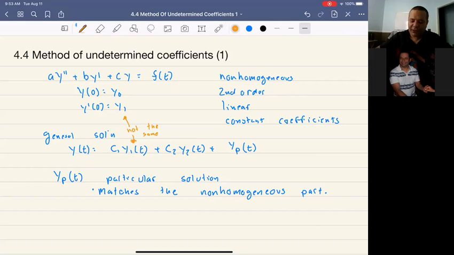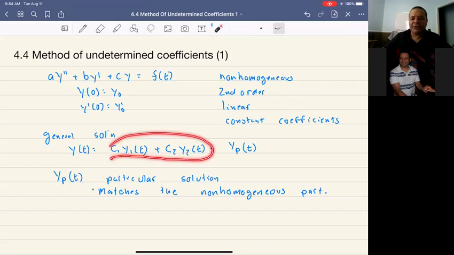Let's just change the name. I can change the name a little bit. Let's call this y naught prime. There, we no longer have the problem. This c1y1 + c2y2 solves the homogeneous part.